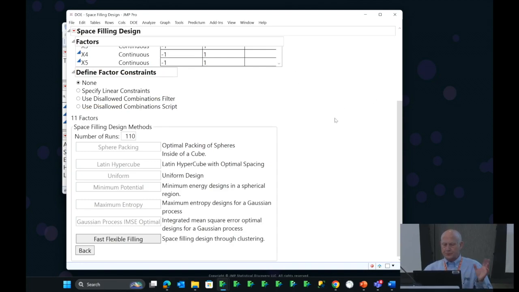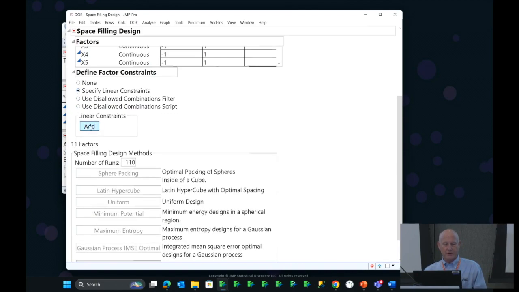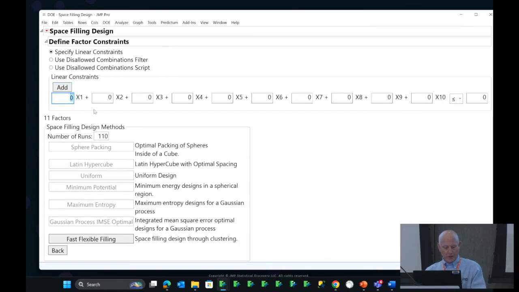For that matter, they also don't support constraints. So if you remember we did time and temperature constraints on my pizza problem. Well, here maybe I want to also throw in a constraint on factors 1 and 2. I want to sort of lop off the upper right-hand corner of their design space. So I'm going to say their sum has to be less than or equal to 1. So everybody else has a 0, so they're not in the constraint.